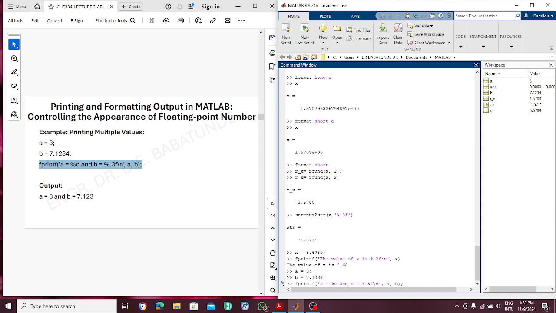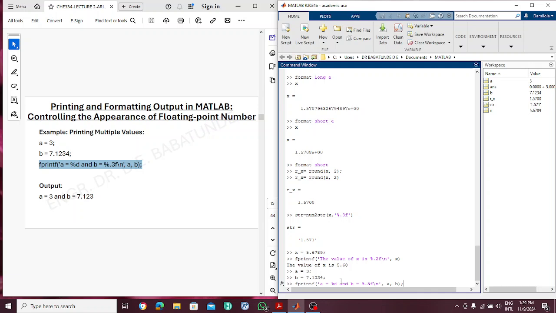So to represent digits, the format specifier is %d. So when I say a equals %d, MATLAB already knows that an integer is going to be passed in at that point. And b equals %.3f, so it knows that it's going to be handling a numeric value that will involve decimal places, and it should print it out as 3 decimal places.